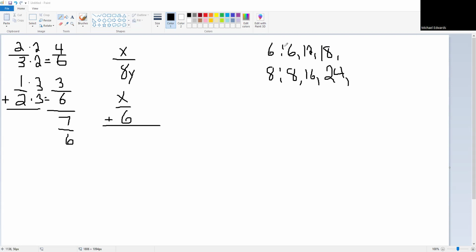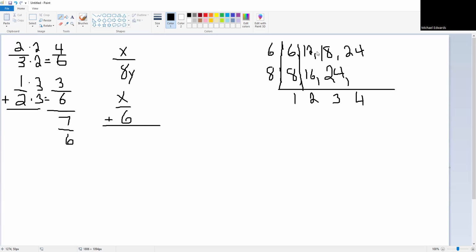And let's see, 1, 2, 3. Our next number would be 4. So 6 times 4. Oh, that's 24. So essentially, you could write it this way too. If you say 1, 2, 3, 4, that way you can keep track of what number you're multiplying by to get the number that's in the table here.